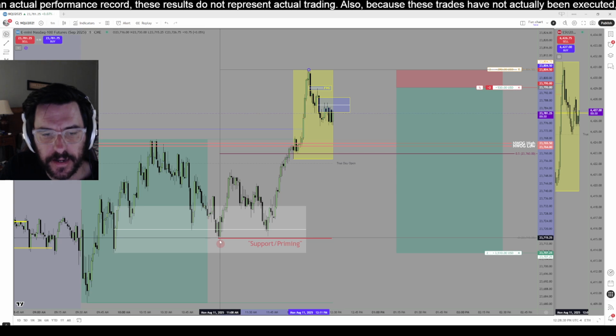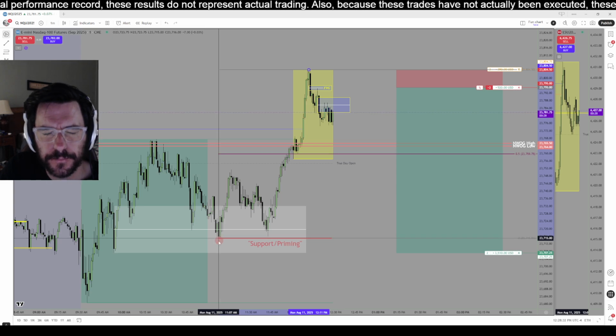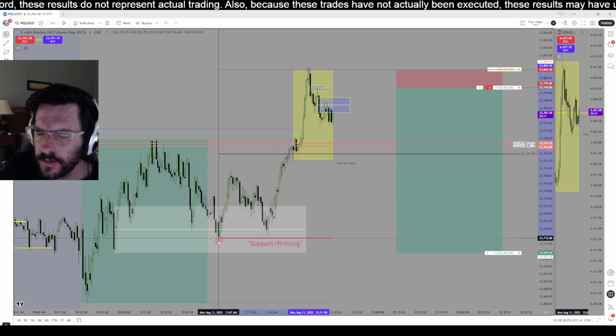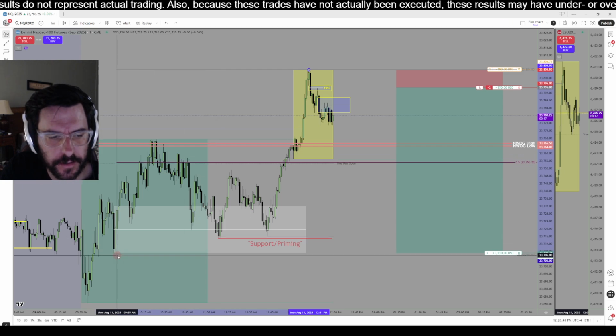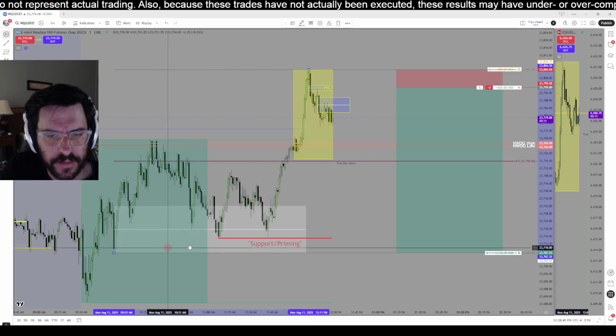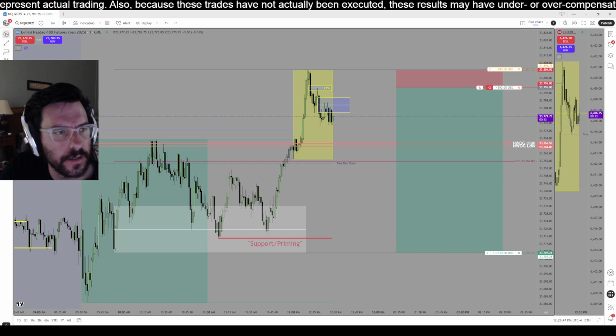I project the breakaway gap or the measuring gap. I forgot the terminology, but I want it to be in this area.